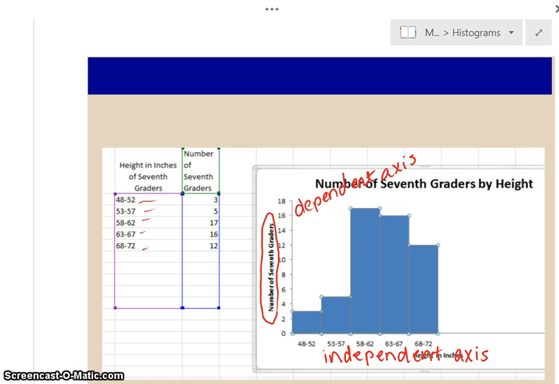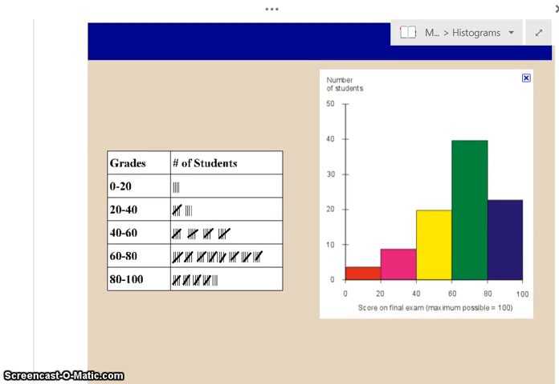All right, let's go to the next example. Here's an example of a frequency table with the tally marks like I was describing. And this is actually a bad frequency table. What's bad about this frequency table is you cannot repeat numbers from one interval to the next.